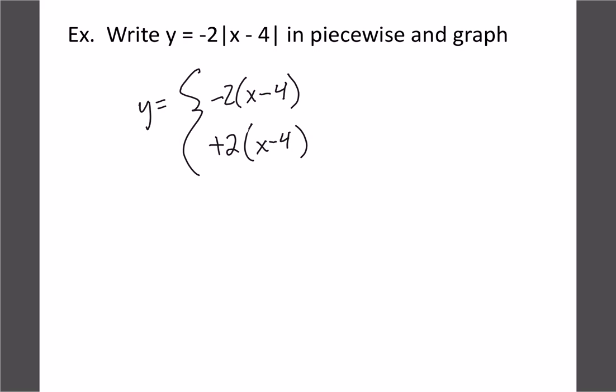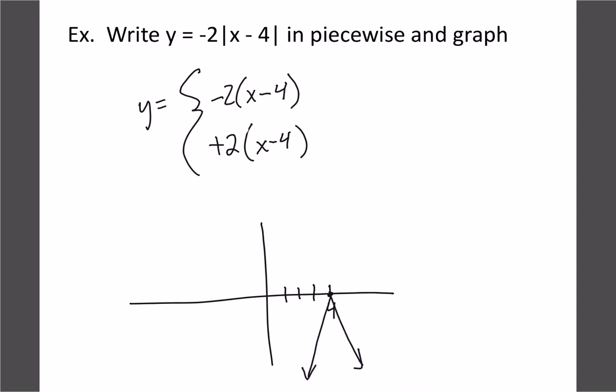Once again, if we graph x minus 4, we have an x-intercept at 4, and if it's negative 2, in this case it's going to be upside down this time, so we just have to be a little bit more careful. Now if we graph minus 2 times (x minus 4), that will be this side of the graph.